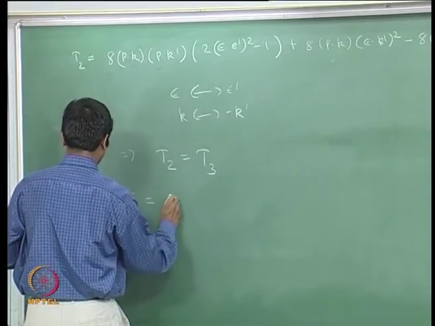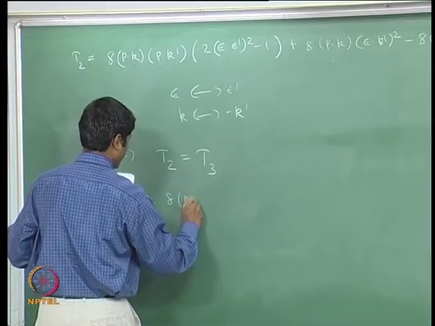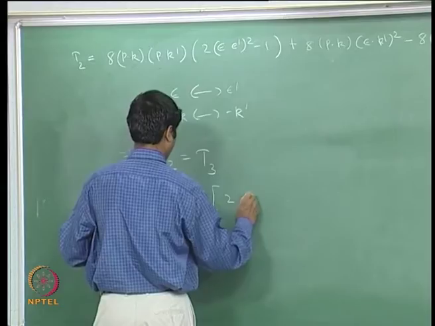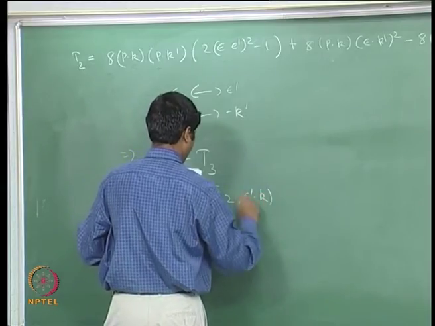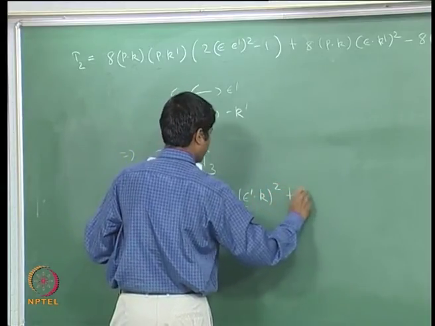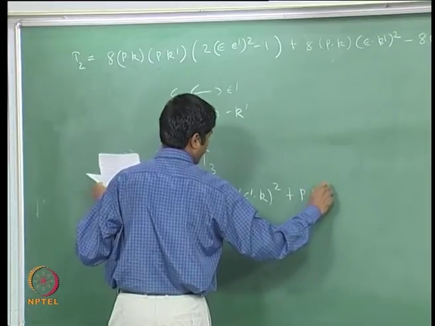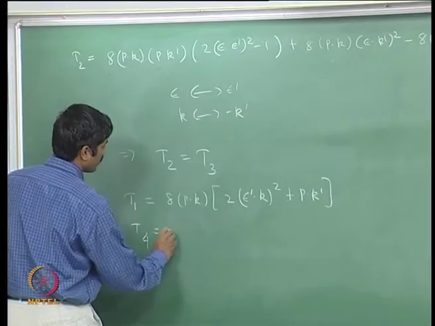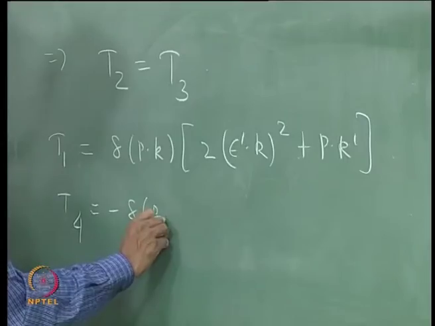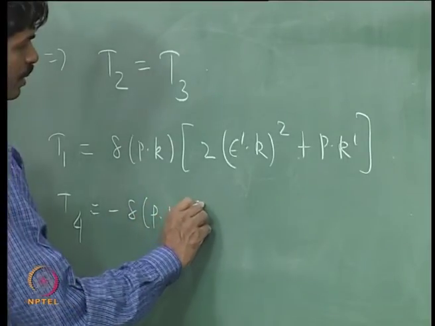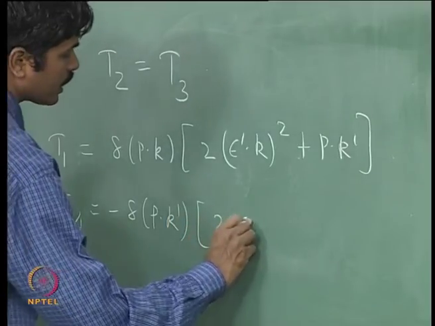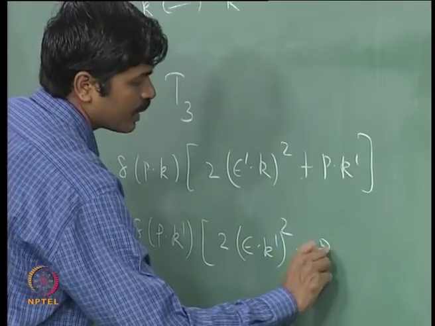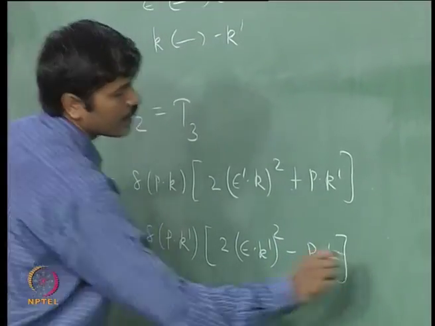T1 is equal to 8 p dot k twice epsilon prime dot k square plus p dot k prime, and hence T4 is equal to minus 8 p dot k prime twice epsilon dot k prime square minus p dot k.